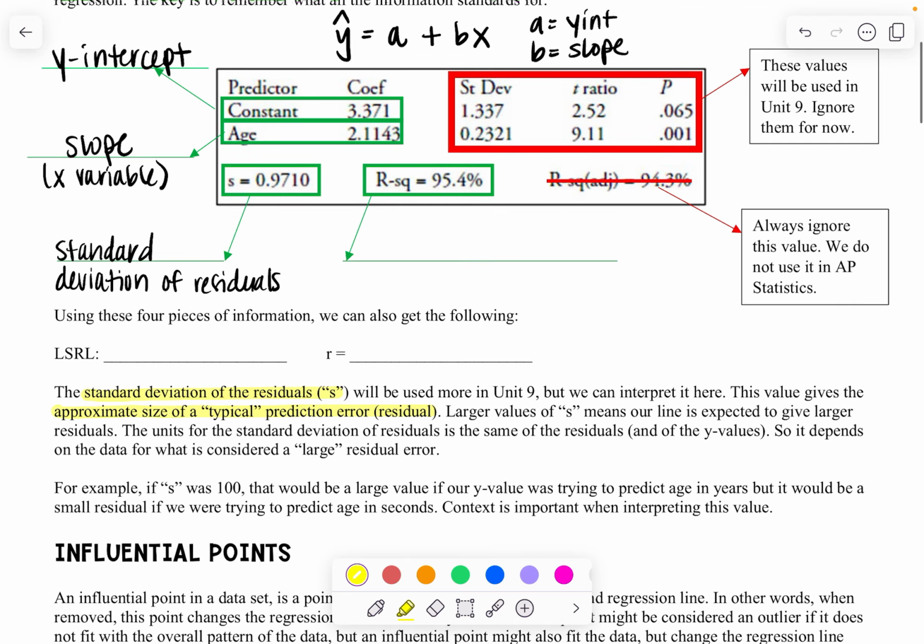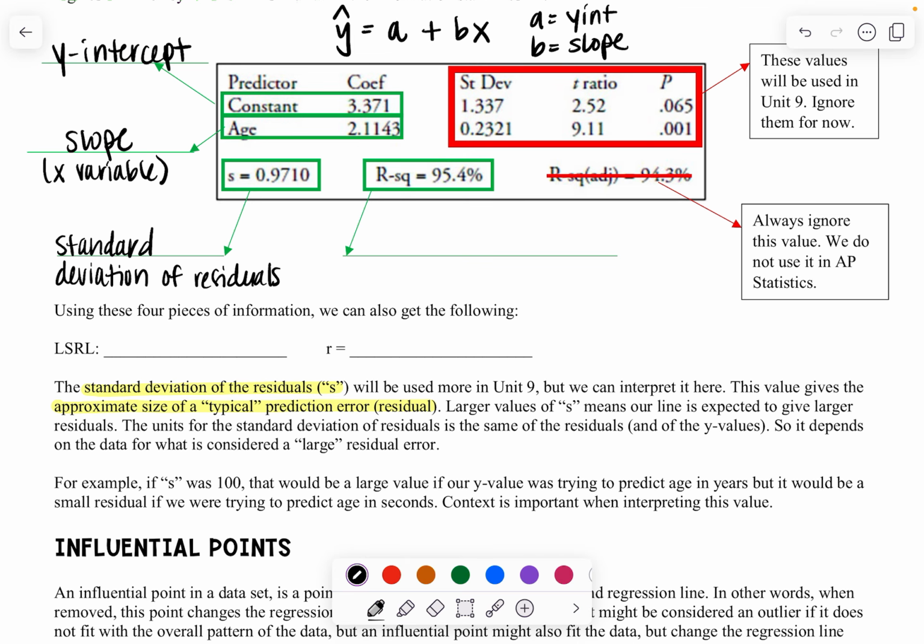Now, the next thing is our r squared, which we have talked about. That's our coefficient of determination. We talked about how it's basically like a grade. If I have a high r squared value like I do right now, that's telling me that about 95% of the y values that I have can be explained by the linear relationship with x.